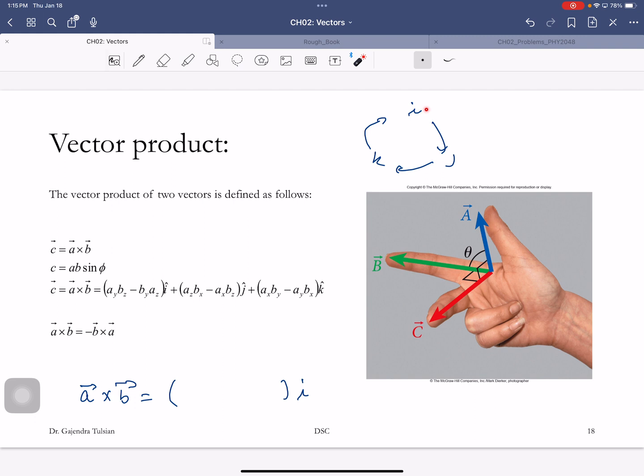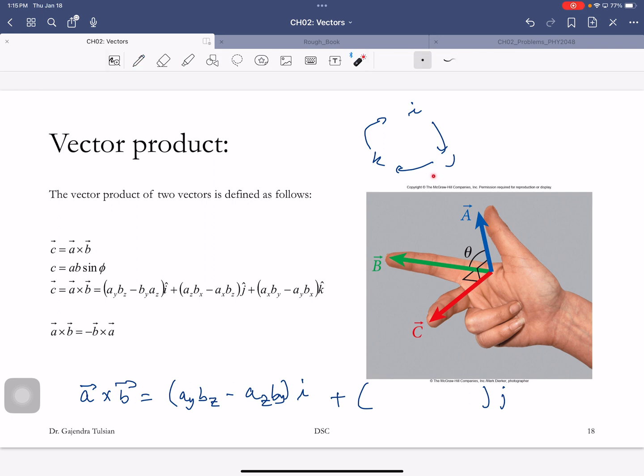It's AYBZ, and then the negative of the flip, AZBY. Plus, now you're going to write the y component.